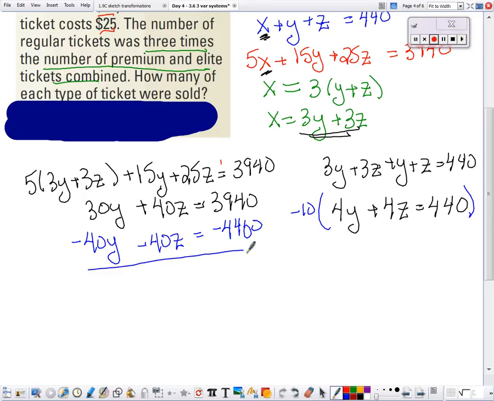When I combine those equations, we get negative 10y is negative 460. And when we divide by negative 10, we get 46. Well, now I can use that to find x and z. So first I'm going to take the 46 and plug it back into this equation because my numbers are smaller, so I'm going to plug it in right there.